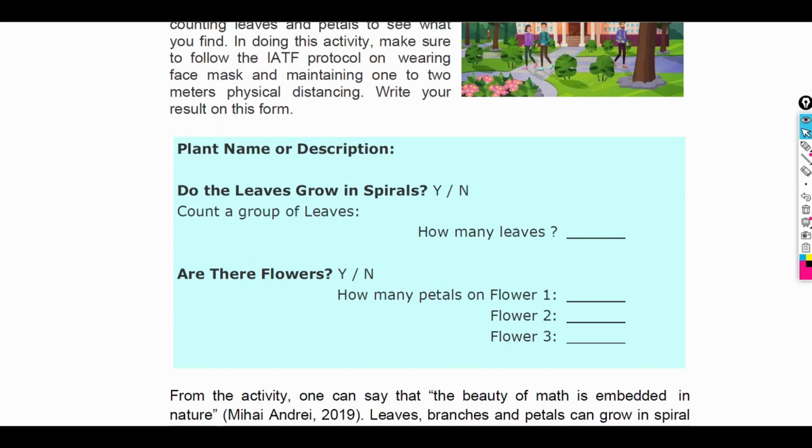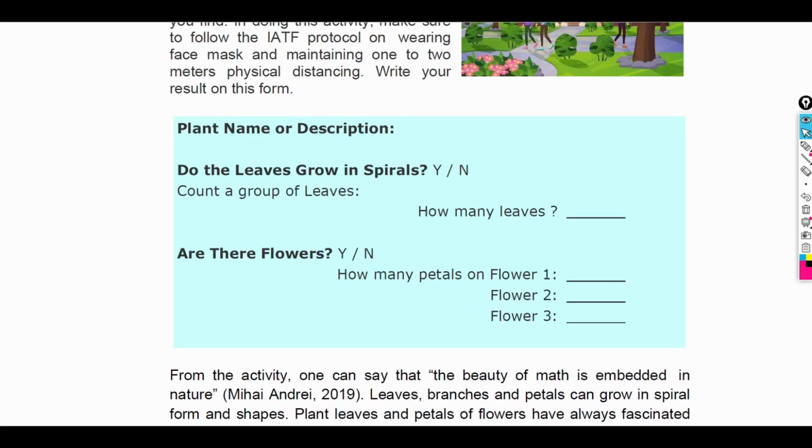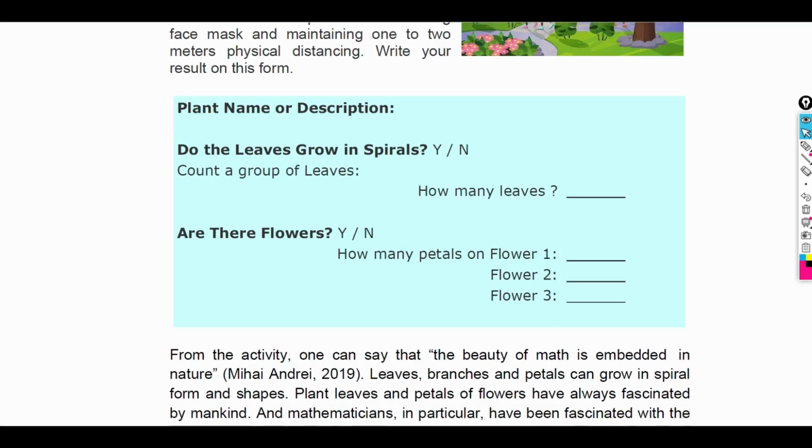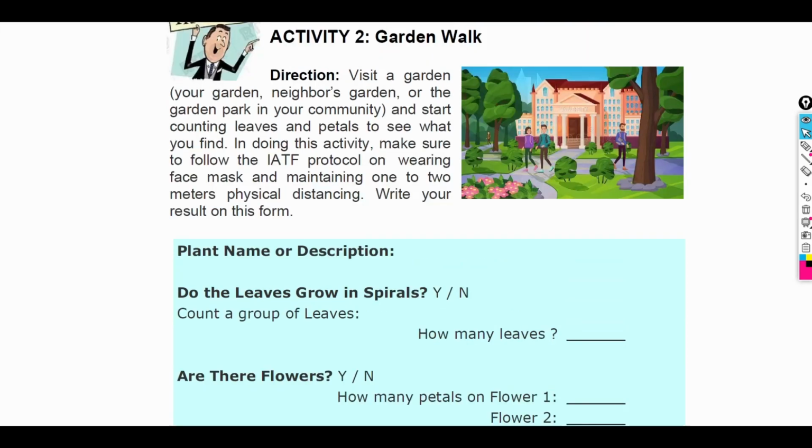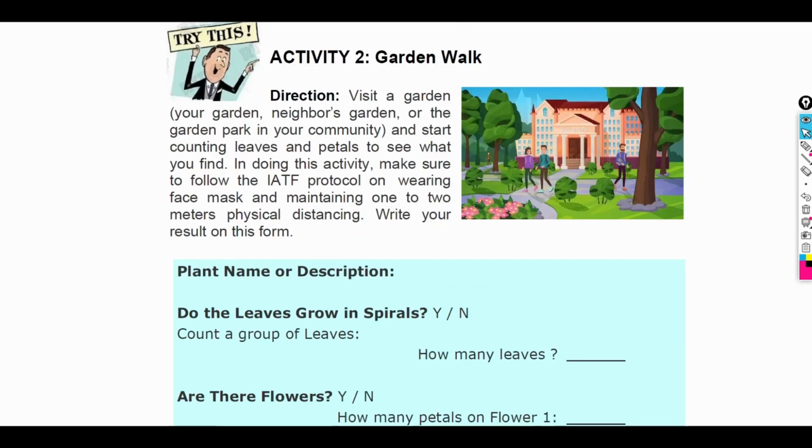In doing the garden walk, you are required to attach pictures when you go to a garden. Make sure you are in the picture as evidence that you were there, and identify what place it is located in. Is it in Paso Nangka, Santa Maria? You have to specify that as evidence that you conducted the garden walk at that place.